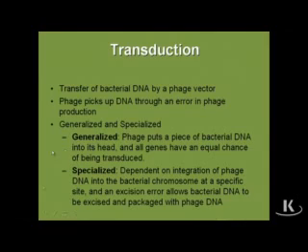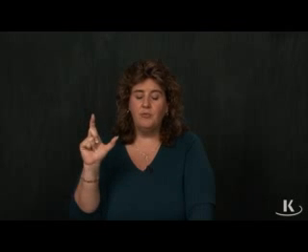Because that's just a random event, an error in packaging, generalized transduction can happen in lytic infections and temperate infections, whereas specialized transduction occurs from an excision error when that temperate phage is trying to excise from the bacterial chromosome. Therefore, only temperate phage can undergo specialized transduction.